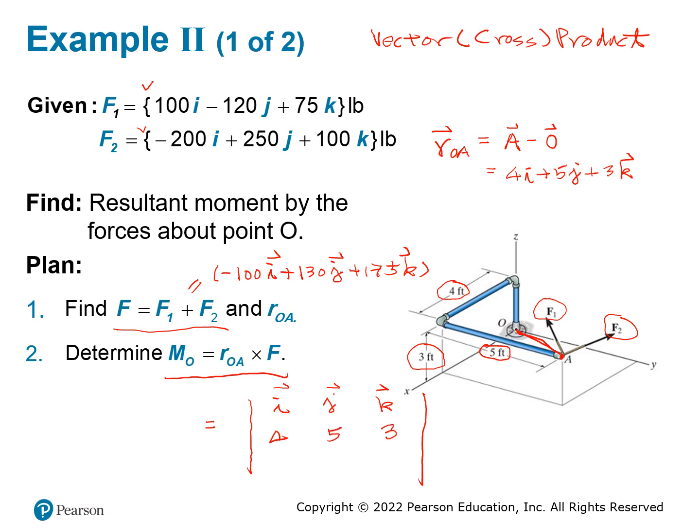They are all positive. And then we put the force component. The first one is negative 100, the second one is 130, and the third one is 175. And be careful, it has a unit, which is Newton times meter. And then you just find the determinant result. Let's see what the result looks like.